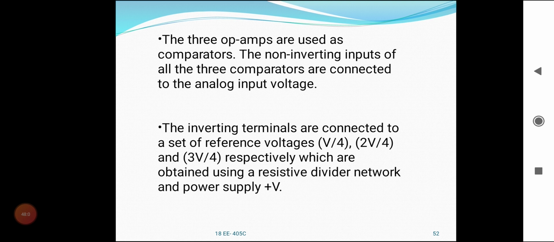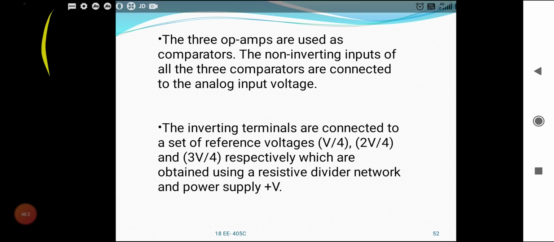The 3 op amps are used as comparators. The non-inverting inputs of all 3 comparators are connected to the analog input voltage. The inverting terminals are connected to a set of reference voltages V/4, 2V/4 and 3V/4 respectively, which are obtained using a resistive divider network and power supply plus 3 volts.